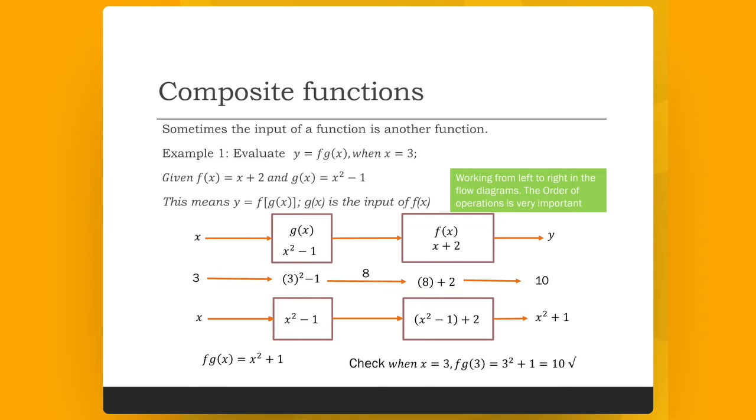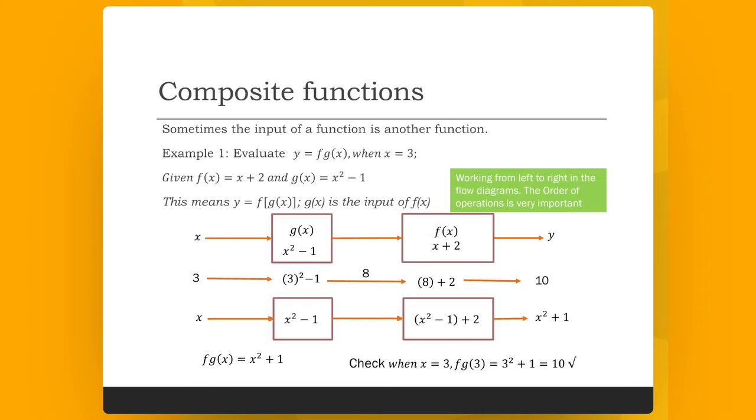So when x equals 3 and we evaluate g of x, g of 3 equals 3 squared minus 1, which gives us 8, and then we take 8 as the input of f of x. 8 add 2 gives us 10. So fg of x when x equals 3 is 10.